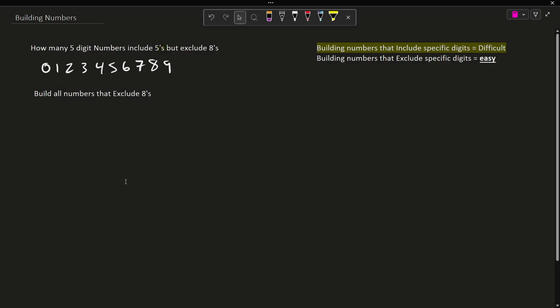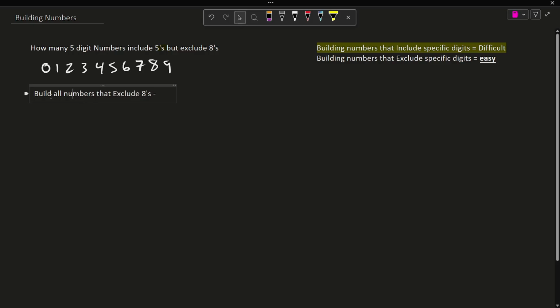So what we're going to do is start by building all numbers that exclude eights. And then we're going to subtract from that. That's going to be too many numbers. It's going to have numbers that don't have eights, which is perfect.